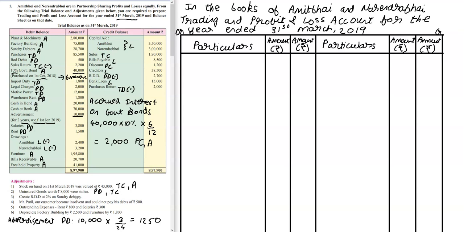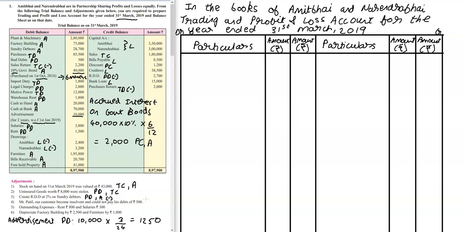We've been asked to create RDD at 2% on debtors. That's part of our format. So keep in mind, RDD goes in two places: P&L debit as well as asset, where we subtract it from debtors. Mr. Patil, our customer, became insolvent and could not pay his debts of 500.